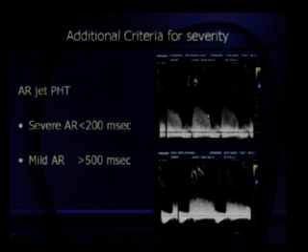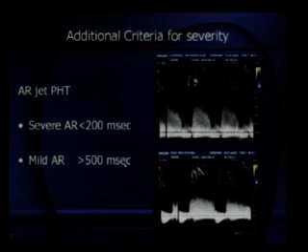If it is less than 200 milliseconds, it is severe aortic regurgitation, naturally, because the pressure between the aorta and the LV is getting closer fast, because it is gross aortic regurgitation. And if it is mild aortic regurgitation, it will take the pressure a little more time to become equal. The pressure half time will be more than 500 milliseconds.